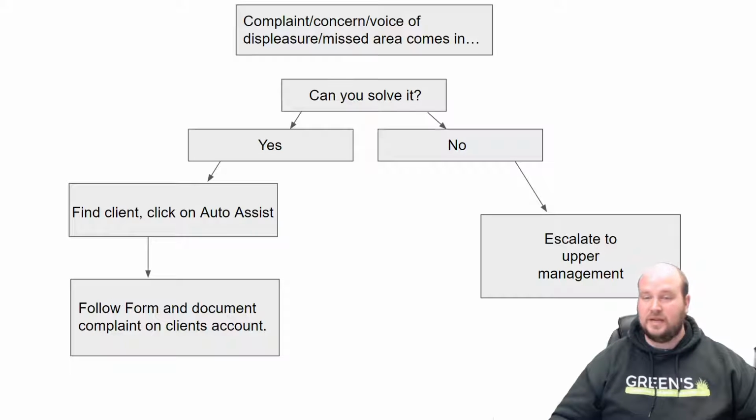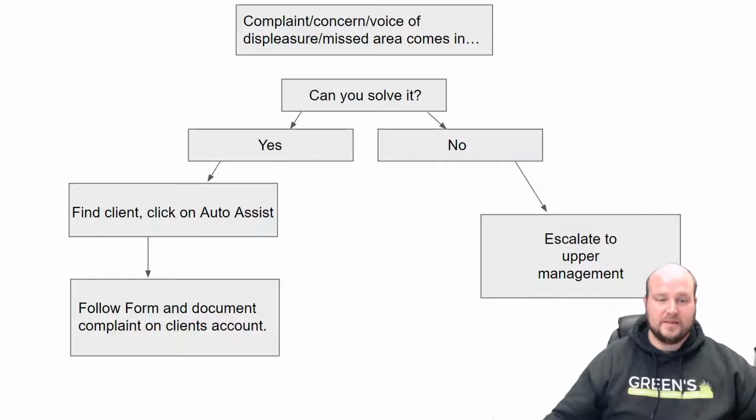Yes or no. If you can't solve it, escalate it to upper management. There's going to be things that you as a CSR or as a salesperson cannot solve, and it has to go to upper management. And we're going to talk about that on the next slide. But if you can solve that, you are going to go to the customer's account.